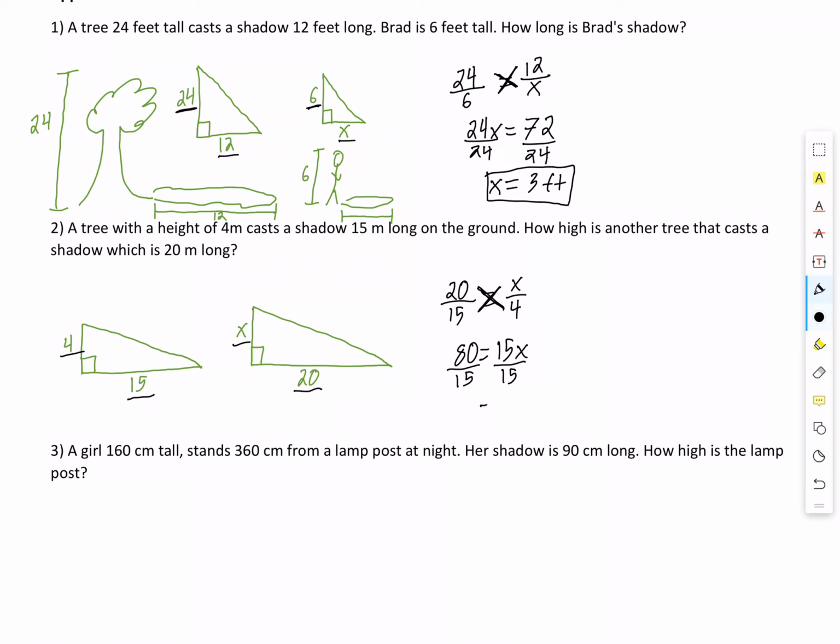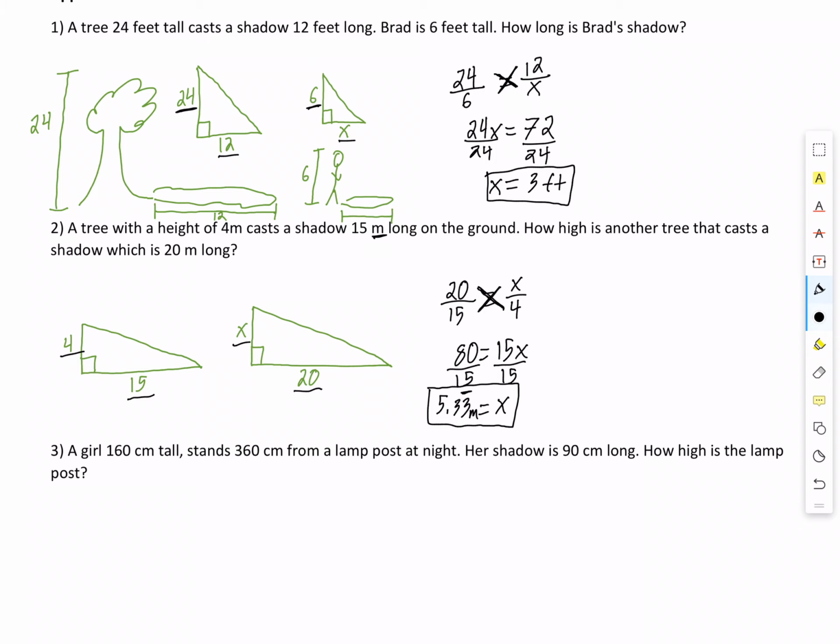So then x is going to be equal to, oh, nope, that's not nice. That one you're going to have to use a calculator for. So 80 divided by 15 gives us 5.33 repeating, of course. And that's going to be meters, because we used meters up here.